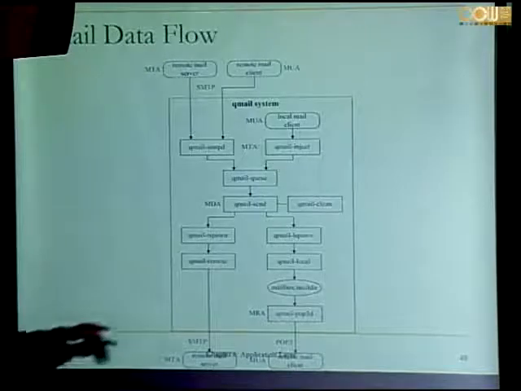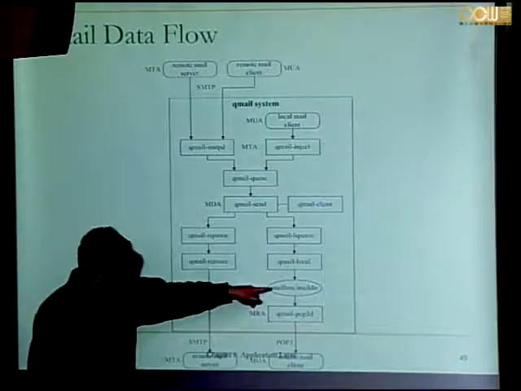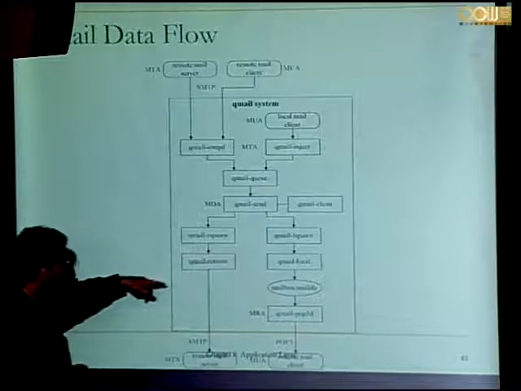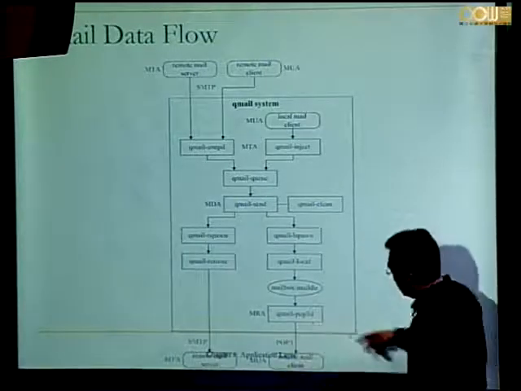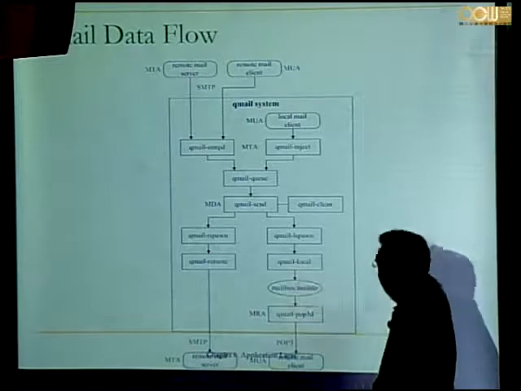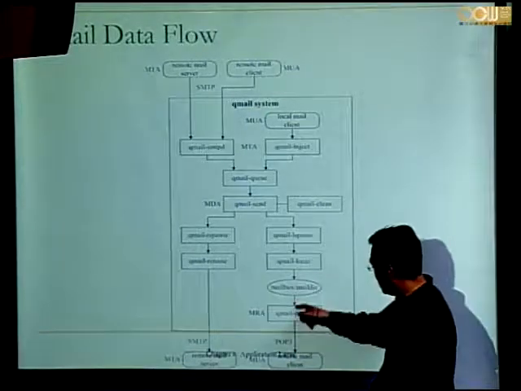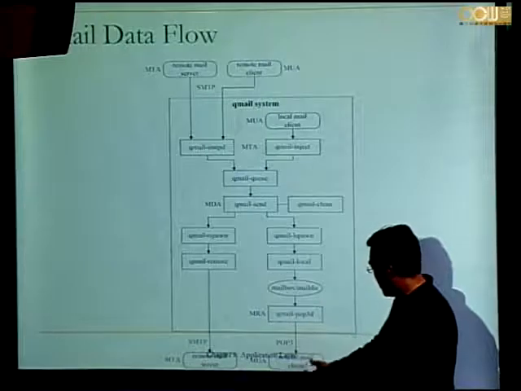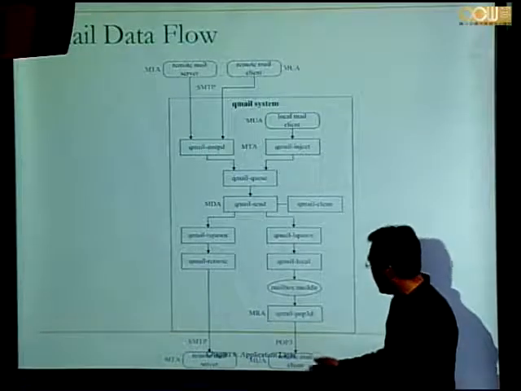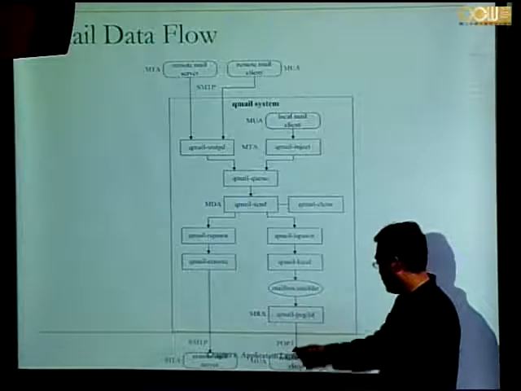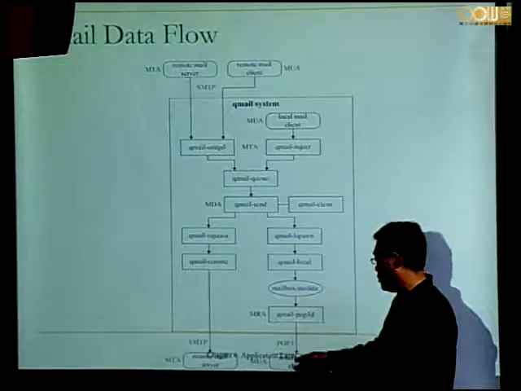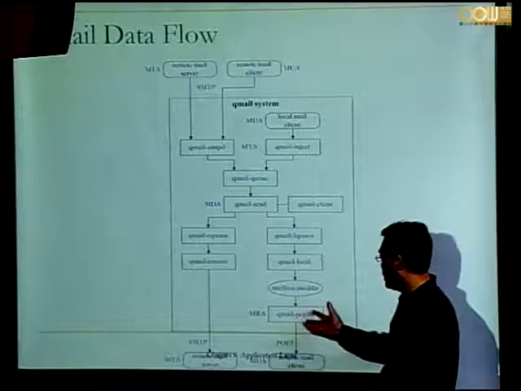So here's the mailbox, and here's the retrieval. You only see a retrieval here. If it's a mail client that would retrieve the mail from the mailbox, then it would talk in POP3 or IMAP4 to this daemon.